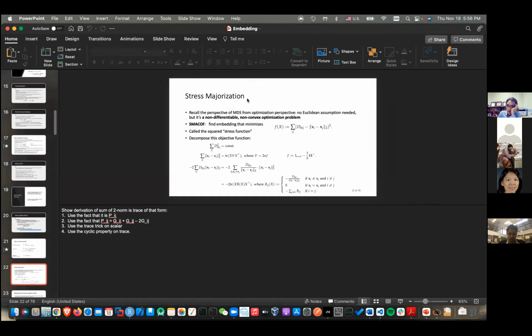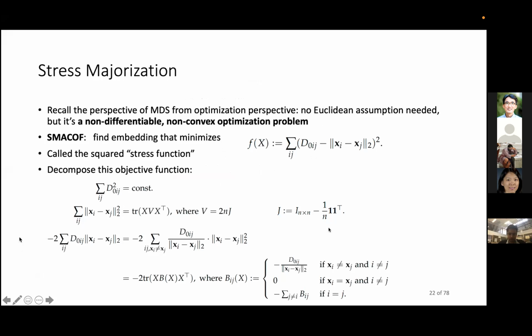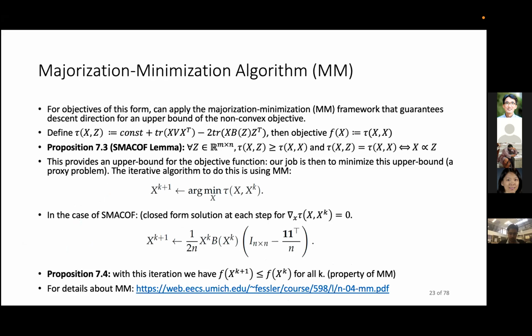Okay, that's the derivation for this part, and we break it up into these 3 parts. Now comes the optimization part. The optimization algorithm in this case is called the MM algorithm.